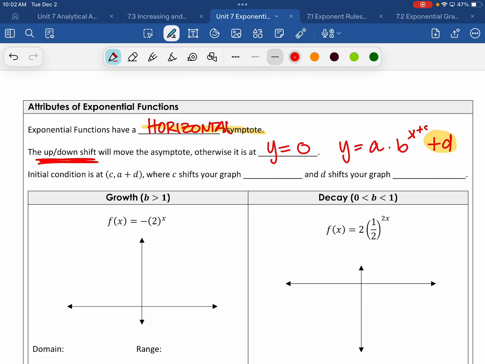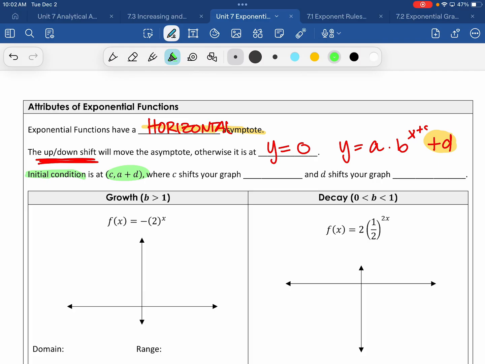Okay. So the first thing you're going to graph is your horizontal asymptote. The next thing you're going to graph is going to be your initial condition. If you're a formula person, this is the formula for your initial condition. The x value is only going to be affected by your left-right shift. That's it. It's either going to move left or right.